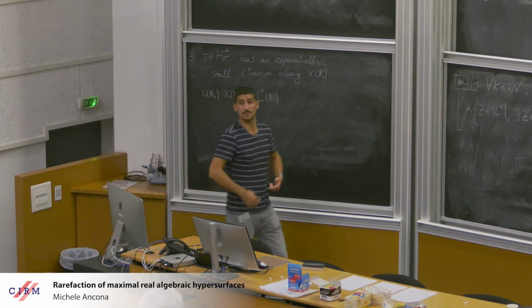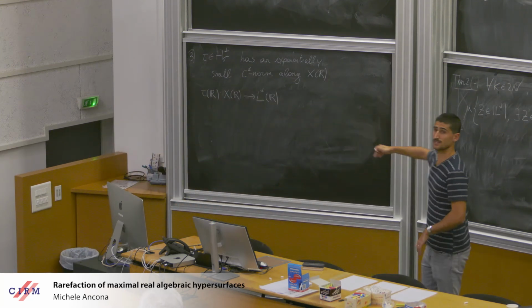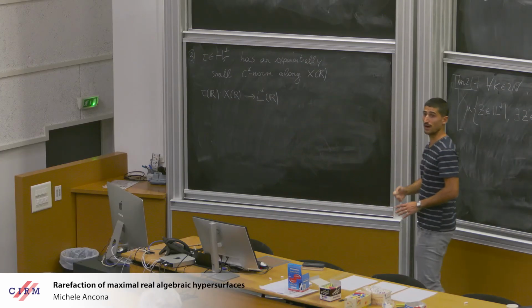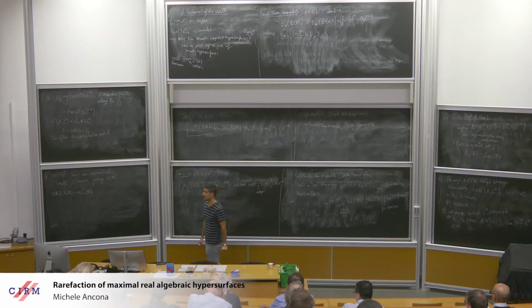L is equipped with some Hermitian metric, so it makes sense to speak about the C1 norm. And the claim here is that this norm along X of R is very small, provided that the section lives in this orthogonal part.